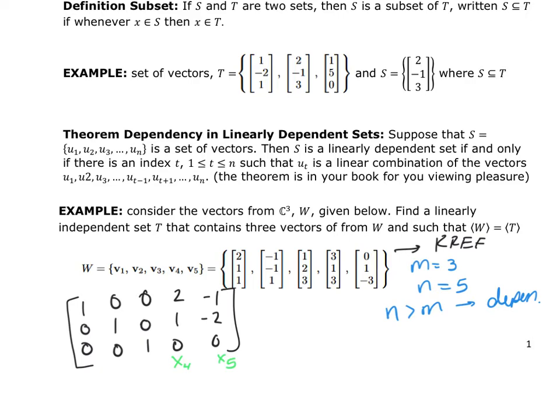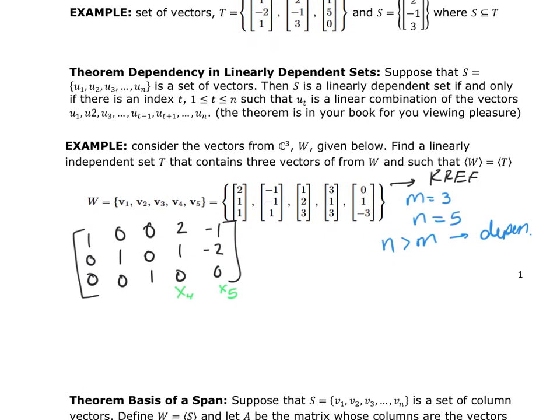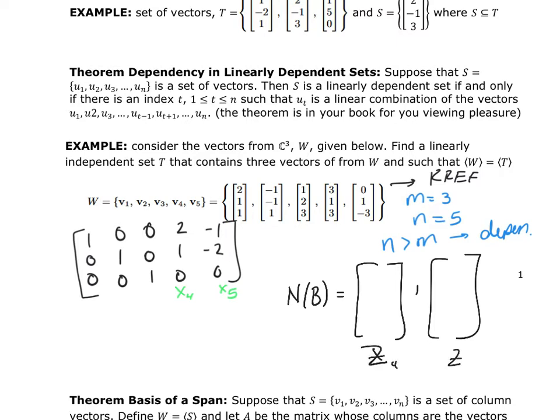And I know that with my linear combinations from my last video, the null space, if you will, of B, is going to be the coefficients that represent the x4 and the x5, the free variable coefficients. So I'm going to end up with these two vectors here, where this is my z sub 4, and my z sub 5. These are my null space.